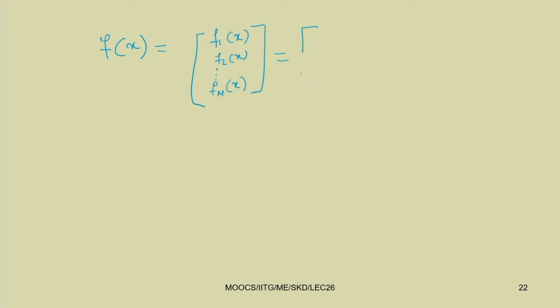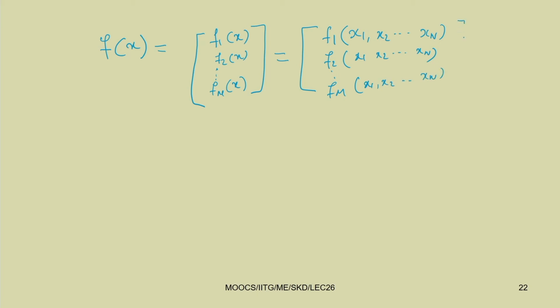So, in that case these f functions can be written, for example, this is f1 of the variables x1, x2, up to xn. Similarly, we can have f2 of x1, x2, xn, and fm of x1, x2, xn.